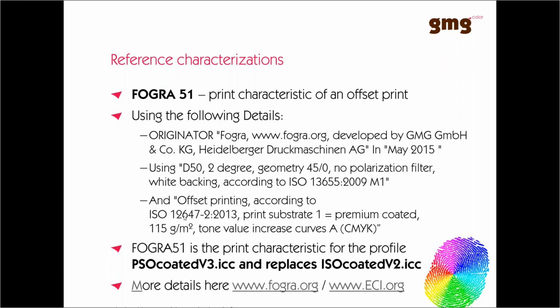Next, it's also written that it's printed according to the ISO standard for conventional printing. It's on print substrate 1, premium coated paper, and it's using the tonal value curves of A for all 4 colors. Also, this is a change of this ISO standard, that from now on all tone value increase curves are the same.